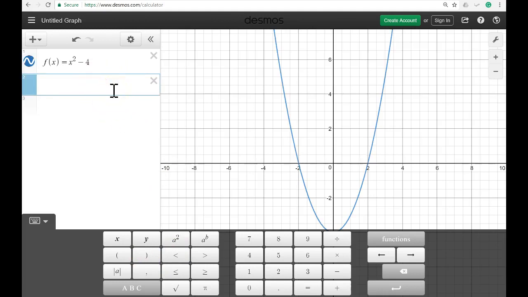And now we're going to go ahead and calculate that rate of change that we just found, the change in y over change in x. We wanted f of 1.5, which would be 1.5 squared minus 4. We want to subtract f of 1. f of 1 was negative 3.